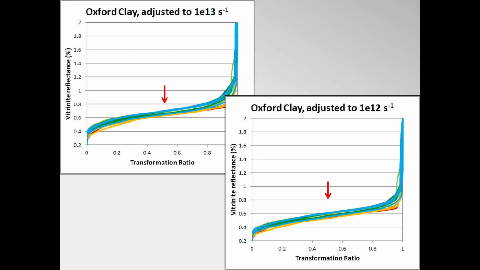Reducing the adjusted A factor even further from 1E13 to 1E12 for the Oxford clay mainly results in a lowering of the vitrinite-reflectance values at which the oil generation window appears. The change in clustering is very small.